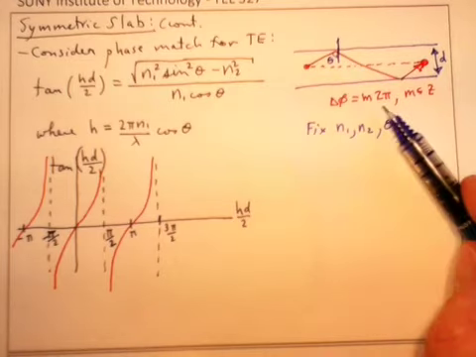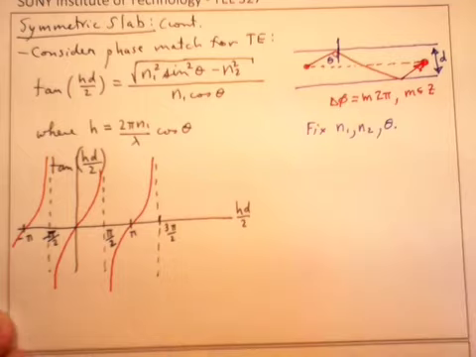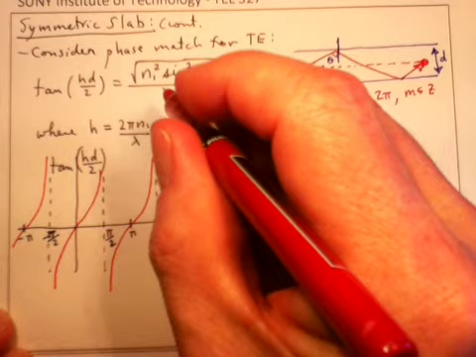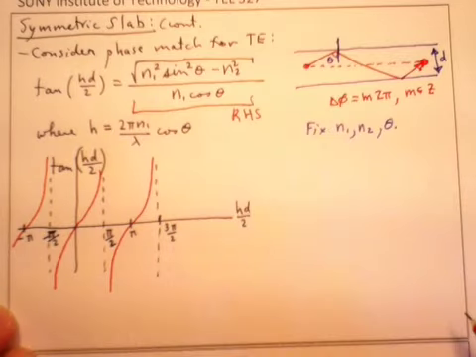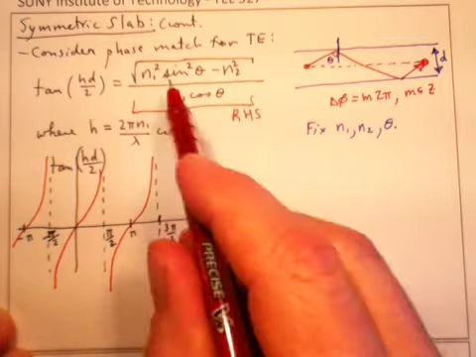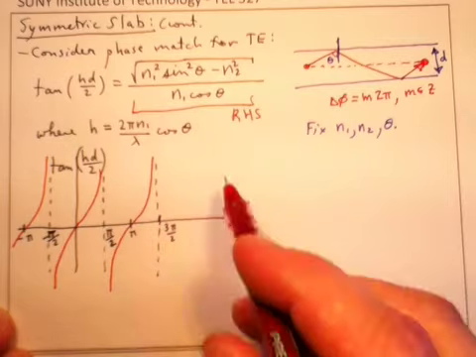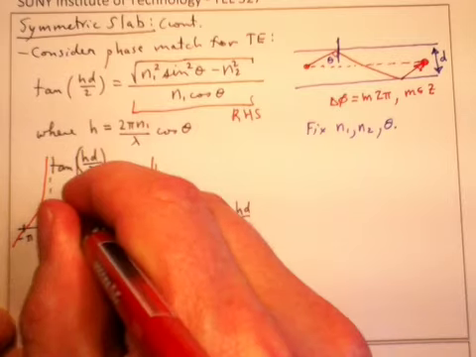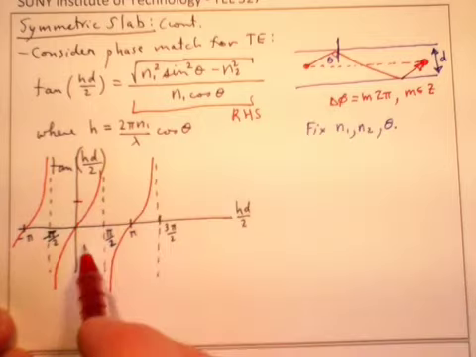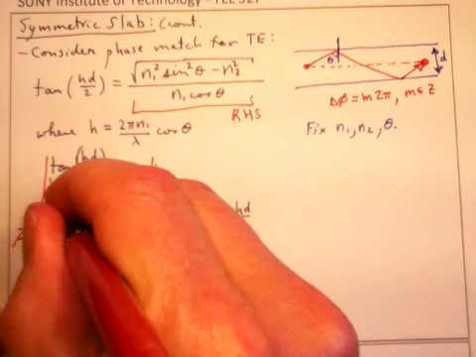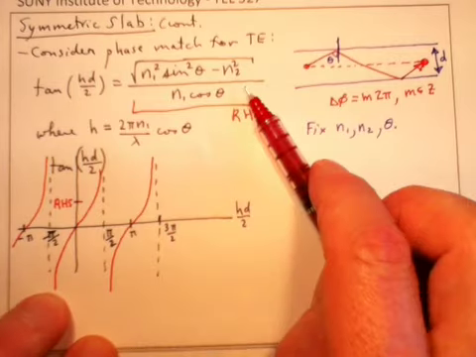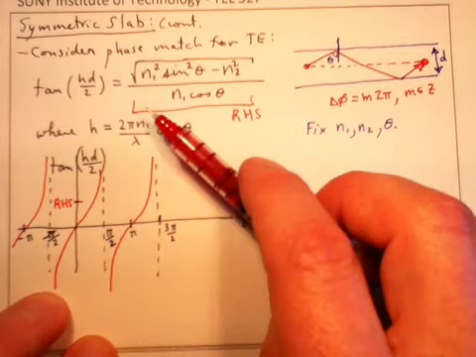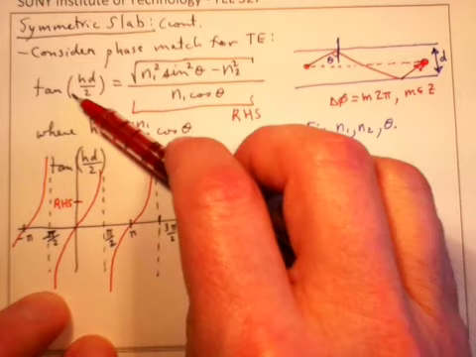Okay, so we're going to take the right hand side here. Let me call this term the right hand side, and whatever its value is, we've fixed n1, n2, and theta, and we're going to find its value here on this vertical axis. So here's that value of the right hand side. In order to solve an equation like this, you normally have to do it graphically because of the transcendental nature of the tangent function.